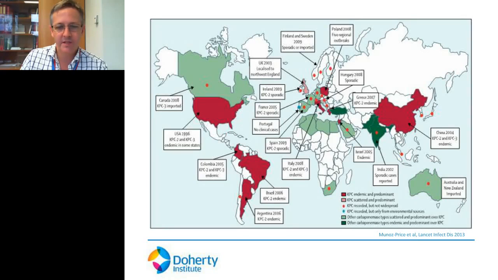If you look internationally, this is just a map showing in red areas of the world where there's been the largest number of cases of KPC, Klebsiella pneumoniae. You can see there are a number of regions where this has happened, but Australia has had very few cases to date.